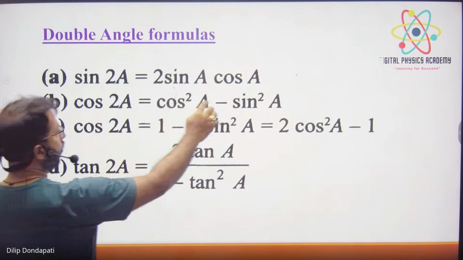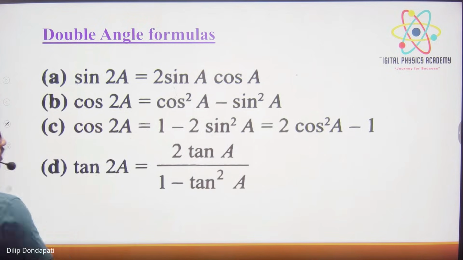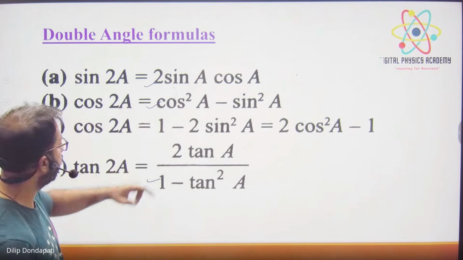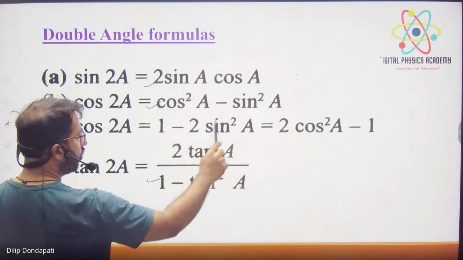Learn one of these, you can convert from this. Learn this one too. Why are there two cos 2As? Look, there are three formulas for cos 2A. This one is also true, this also true.